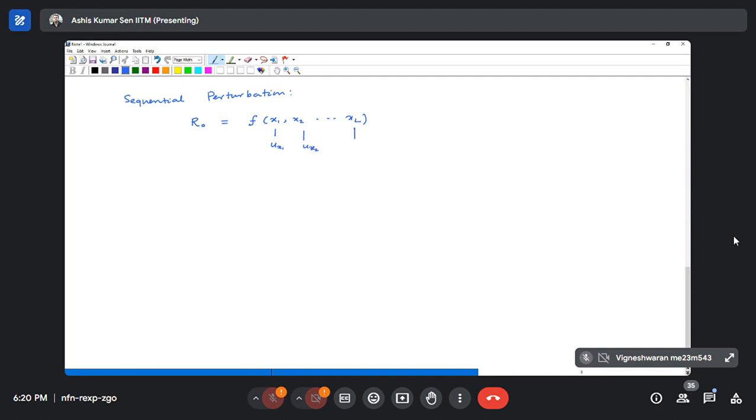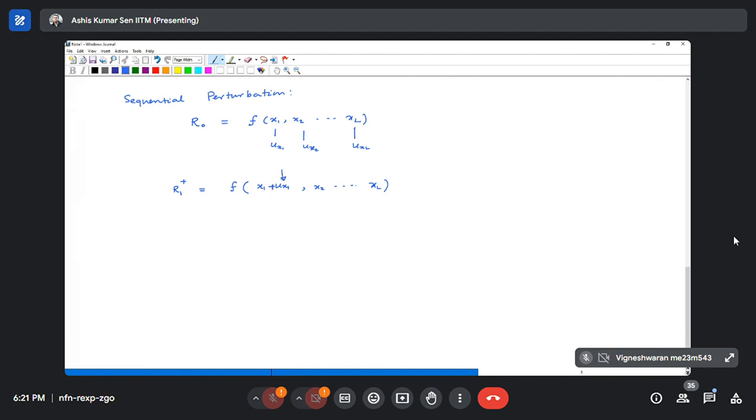Ux1, Ux2 and so on, and UxL. Okay, so we can write R1 plus is f of x1 plus Ux1, x2, up to xL. So you can see that we are only perturbing the first variable.